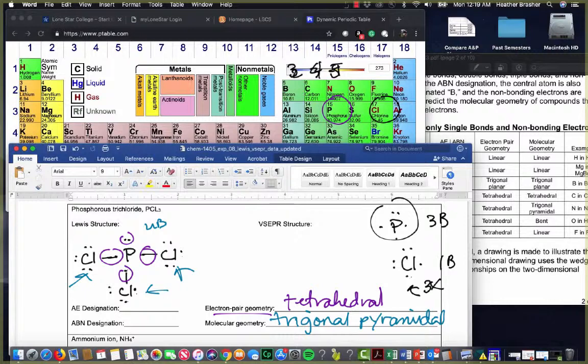Now the last thing we want to know is the VSEPR structure, which is the electron pair geometry. So we're going to do this guy, which looks a lot like the aluminum chloride that we had earlier.